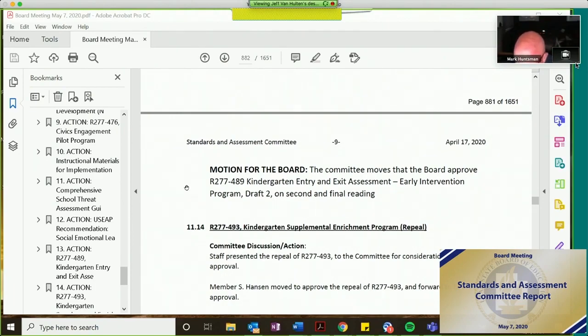Member Bolter, No. Member Cannon, Aye. Vice Chair Cummins, Yes. Member Davis, I'll come back.